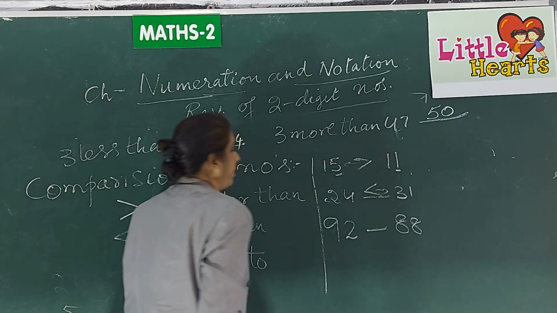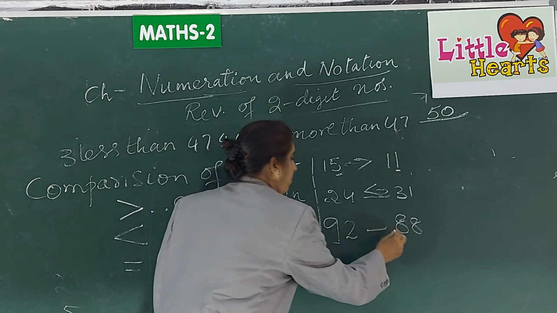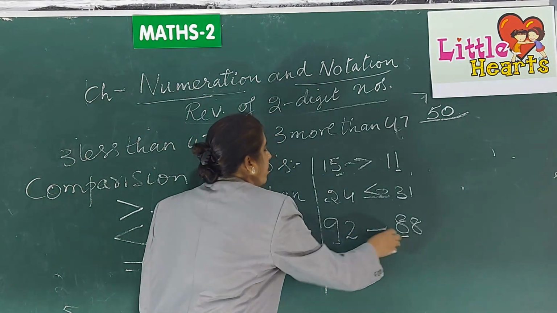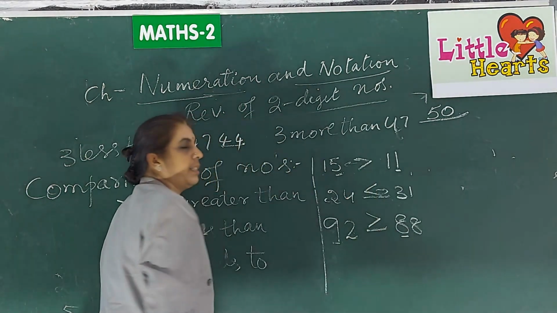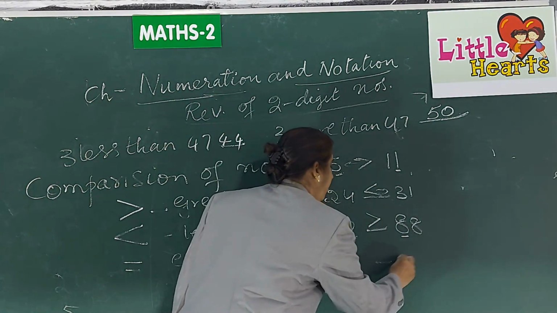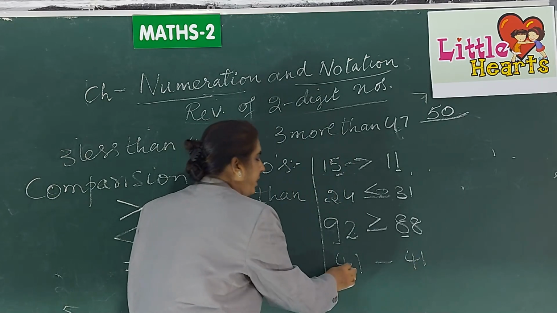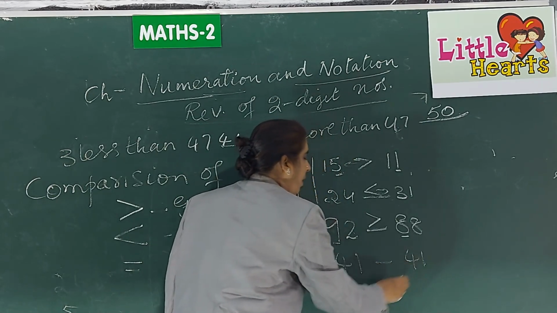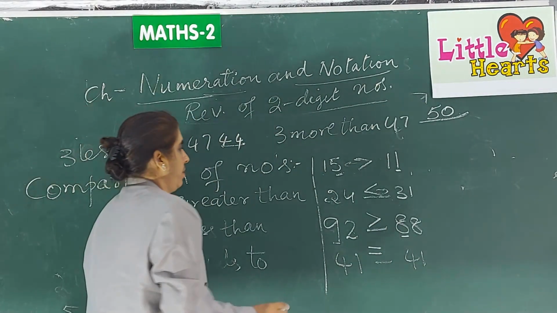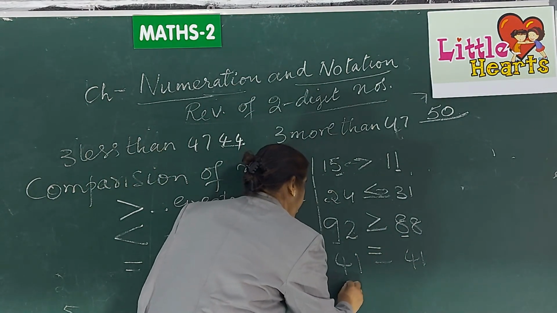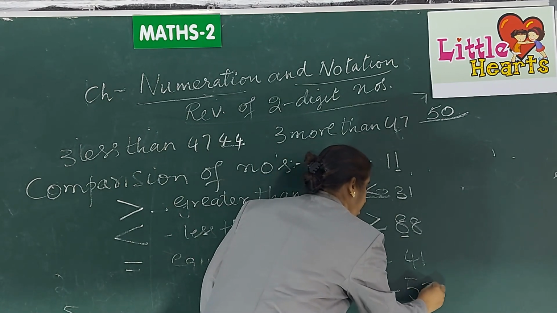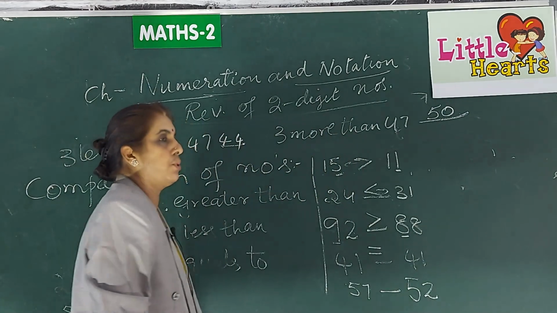92 and 88. Compare the tens place digit first. 9 and 8. 9 is greater than 8, so 92 is greater than 88. 41 and 41. Here both the digits are same in the ones and tens place, so you have to go with equals to. 57 and 52.